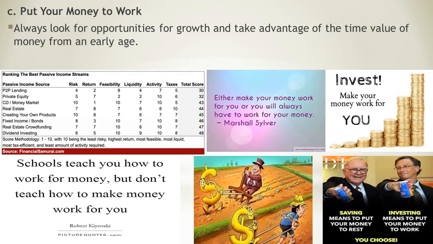In other words, always look for opportunity to put your money and make it grow in an account or in an investment account or whichever choice that you make. Take advantage of the time value of money from early age. Those people who invest early have the advantages of a long-term investment, and there's something that accumulates by itself.